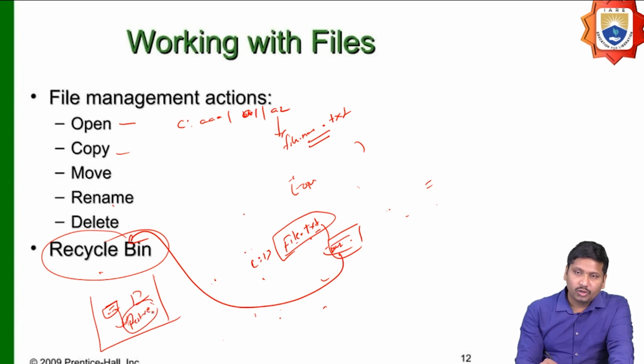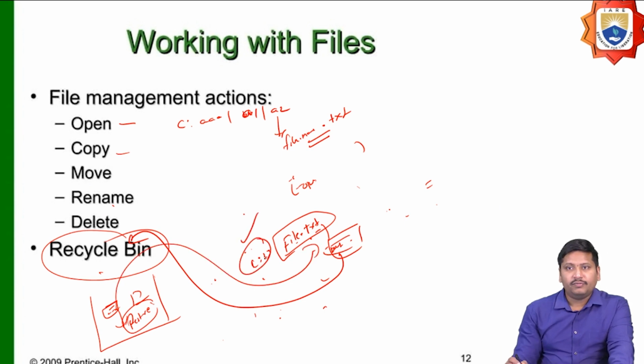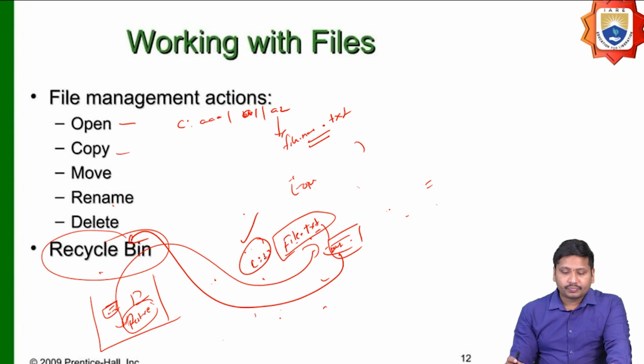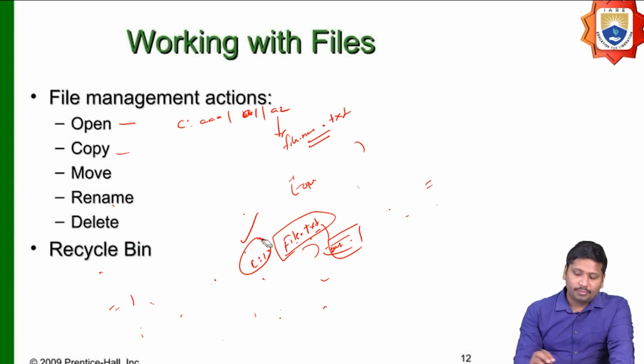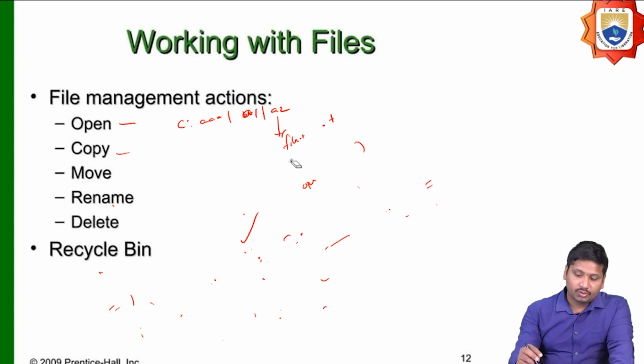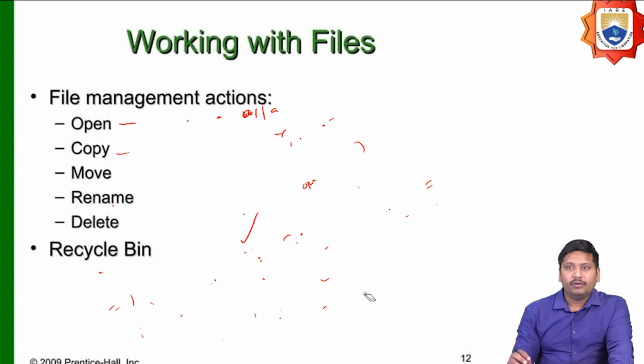If I click on this, the file is stored back to the C drive itself. If the files in the recycle bin are deleted, then they are deleted completely from the system. So these are some of the operations we perform on files.